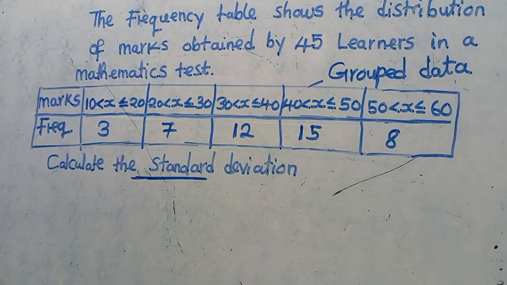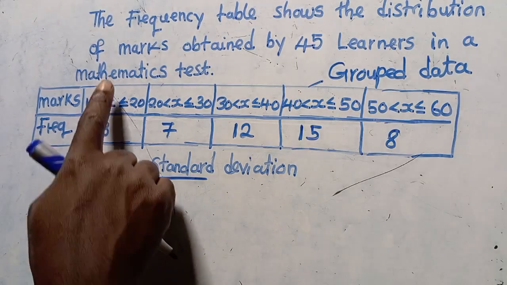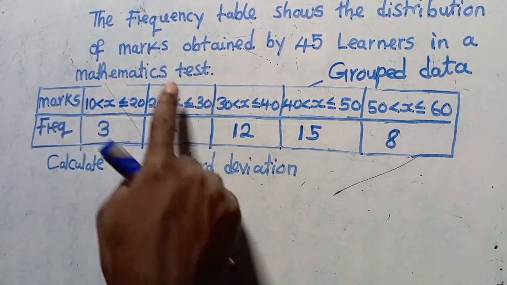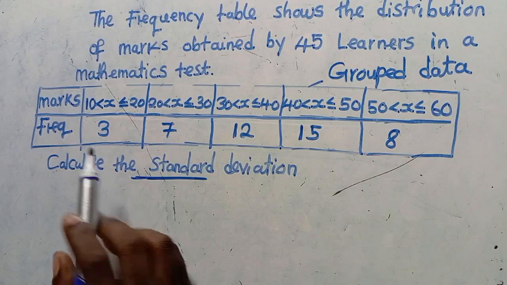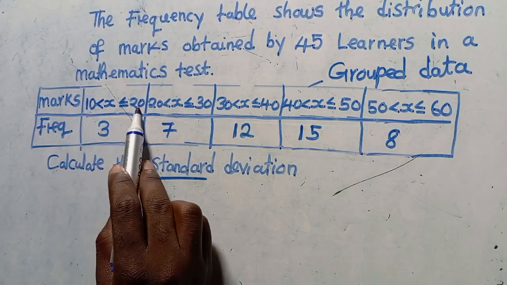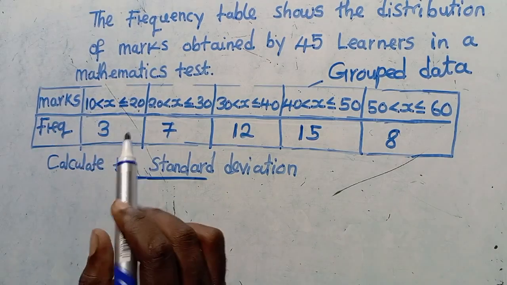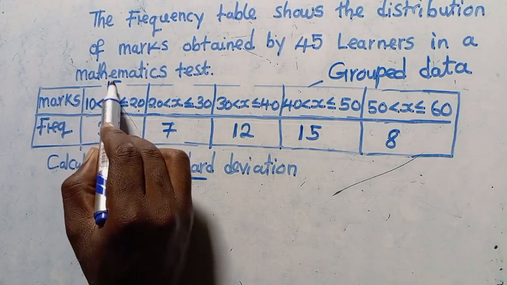Like I've told you, the formula I'm going to give you can be applied on either grouped or ungrouped data, so follow exactly what I'm doing here. The first thing you need to do is find the middle point between the numbers that are given. You add 10 plus 20, that is 30, 30 divided by 2 is 15.